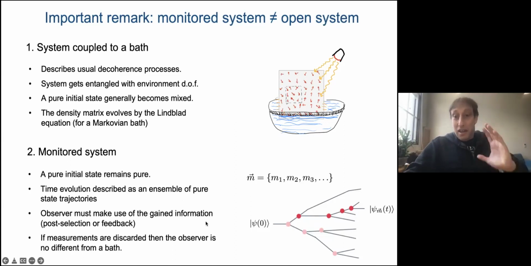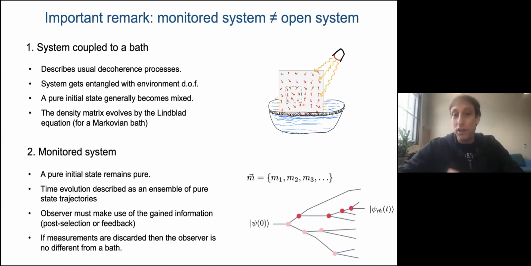And so in some sense, you can say, if I average over all these trajectories, if I throw out my measurement results, then I'm back to a real open system. Then really the measurement outcomes don't matter.